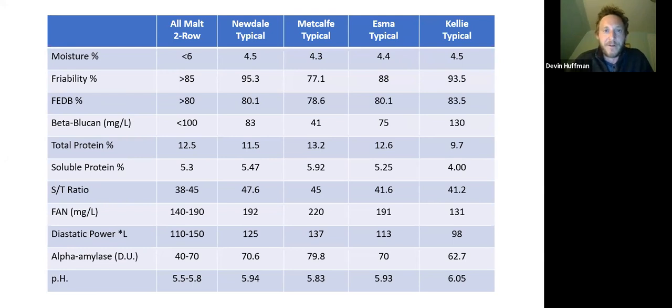Two thirds of our contract acres for this year have gone into the European varieties. We kept a couple of farms planting with Newdale this year, just to smooth out the transition. Not all of our growers were prepared to try a new variety yet.